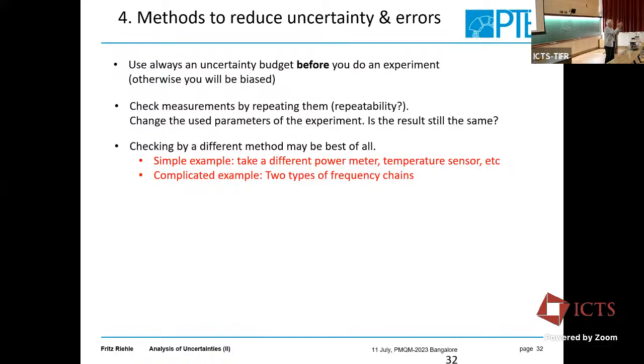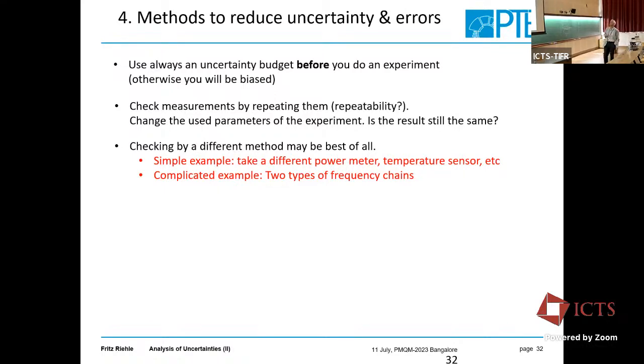If I had only done one measurement, I would have been happy and said, oh, it's within the uncertainty budget. Everything is all right. But doing this measurement over a longer time, we are now able to have some doubts that the uncertainty has been calculated correctly.